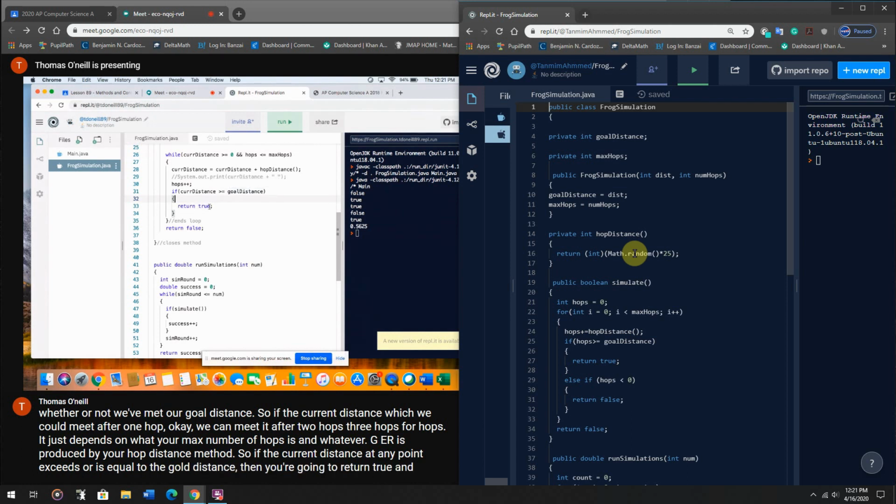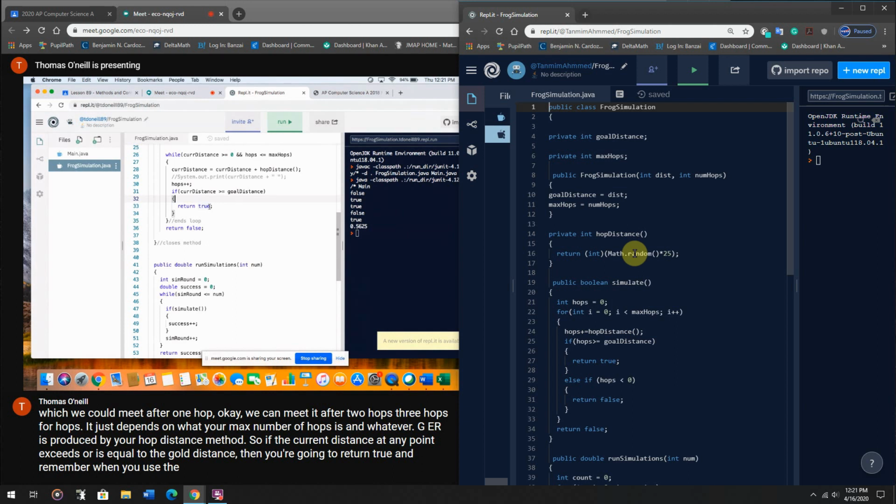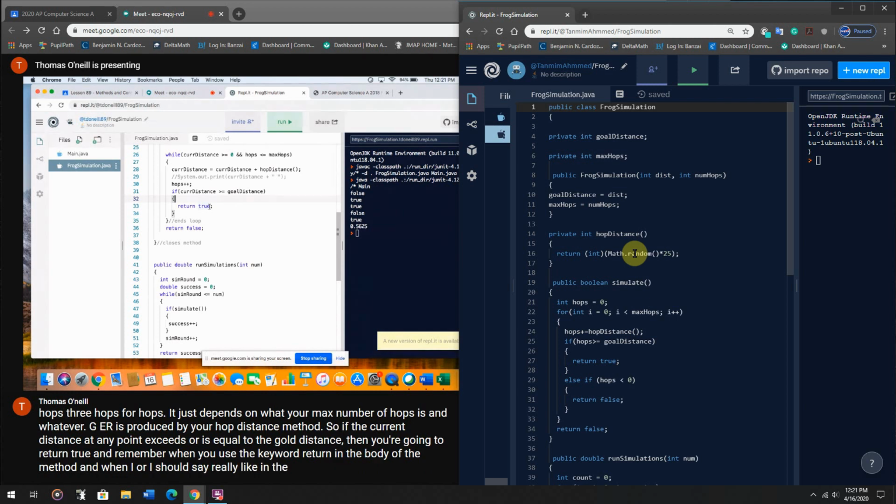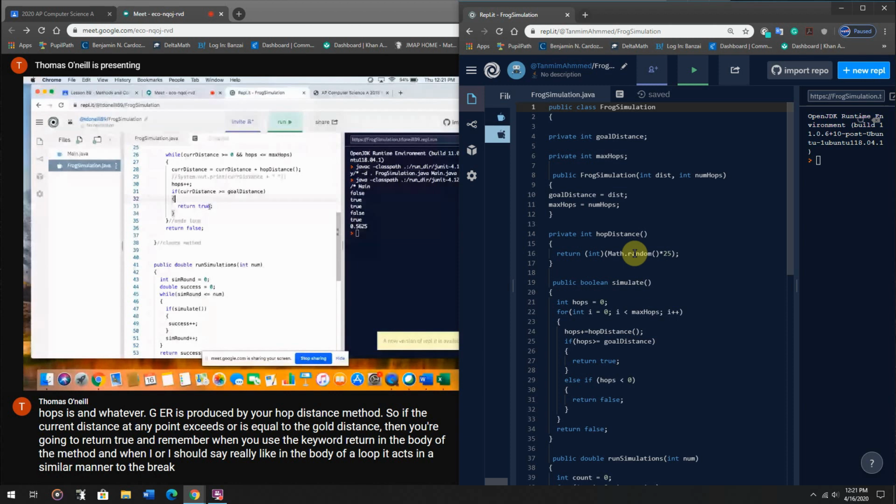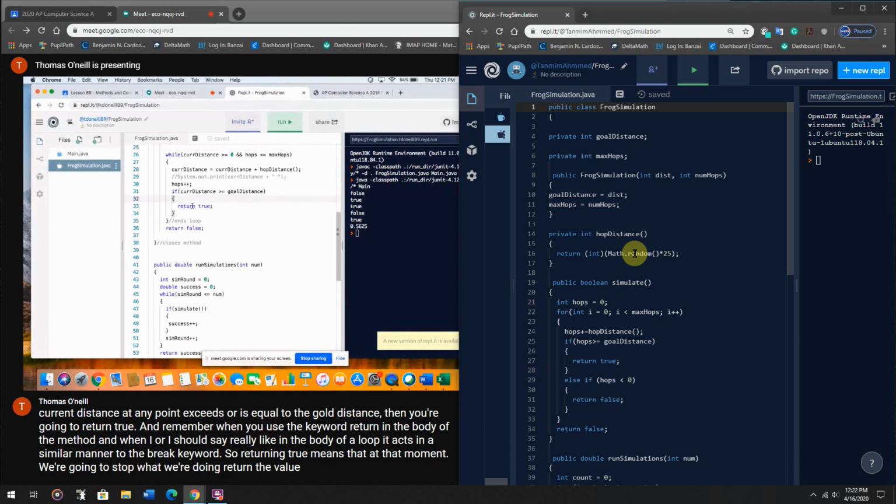And remember, when you use the keyword return in the body of a loop, it acts in a similar manner to the break keyword. So returning true means that at that moment, we're going to stop what we're doing, return the value of true, and we will no longer continue to execute this simulate method.